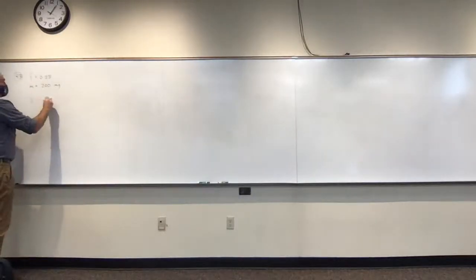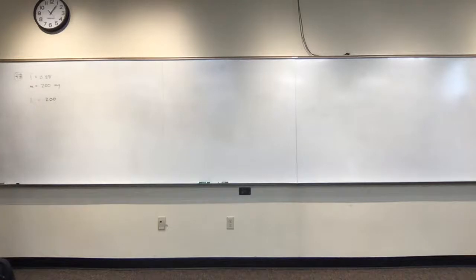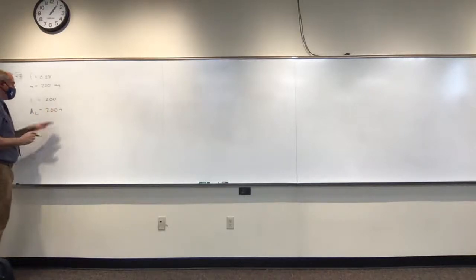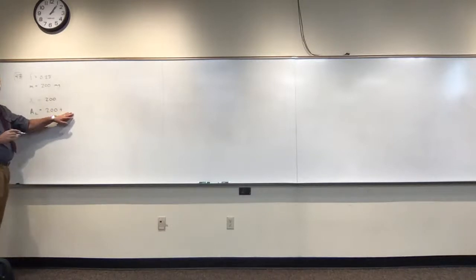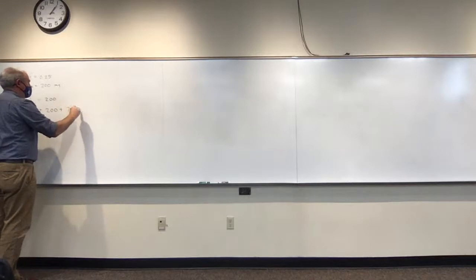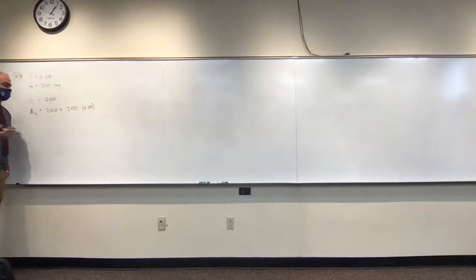So A1 is 200. What is A2? A2 is going to be 200, plus the amount that you have left from the first day, which is 200 times 0.25. That's a fourth, correct?